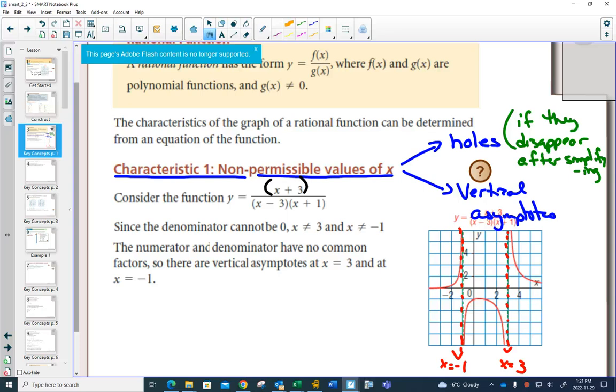In other words, the degree, the parabola is bigger than a line. Anytime the degree is bigger in your denominator, you will always have an asymptote at 0. That was our group 3 that we looked at yesterday.